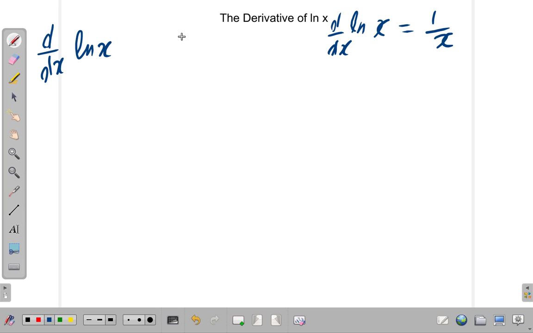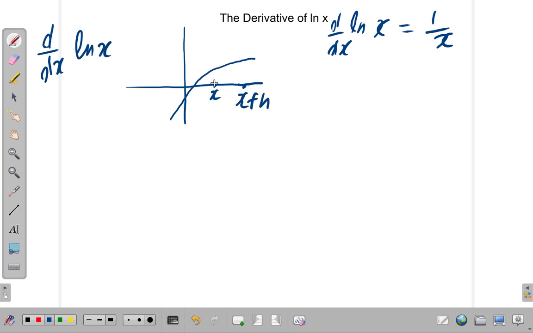What is it? Suppose we have a graph. The graph of ln x would look somewhat like this. And we choose this point as x. We can choose a further point out here by adding something to x. So it's x plus, let's call that something h.